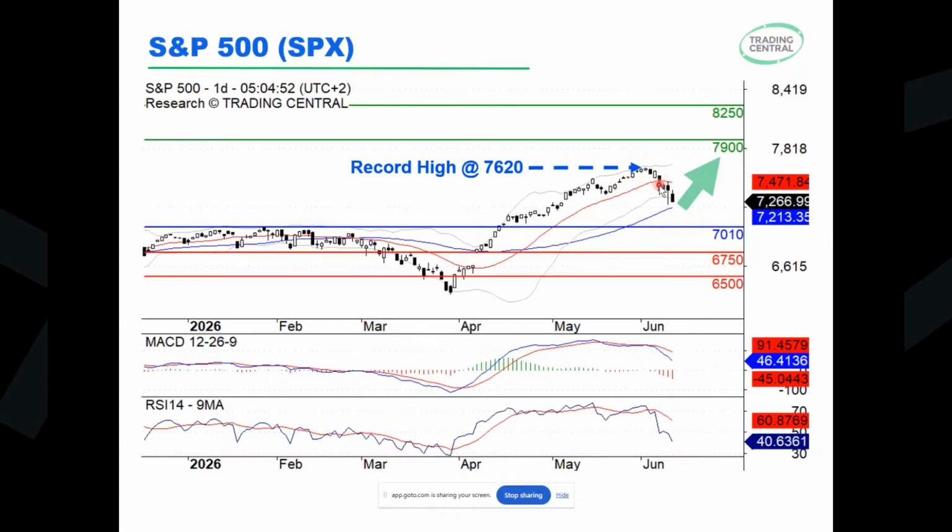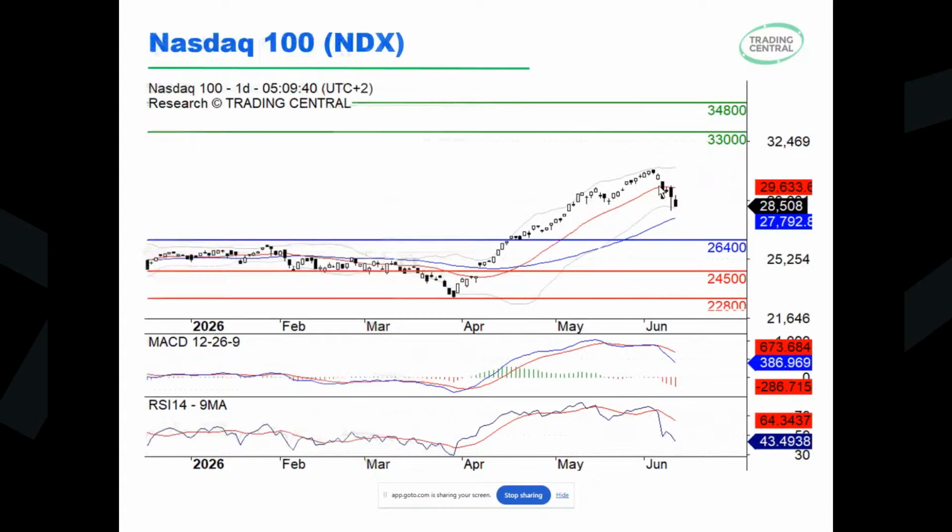Okay, it is normal, and we are still looking bullish. We are still bullish on U.S. stocks. Remember. Second, we have the Nasdaq 100, the tech stock index. It made a record high several sessions ago, over 30,700, and now we have a little bit of consolidation.